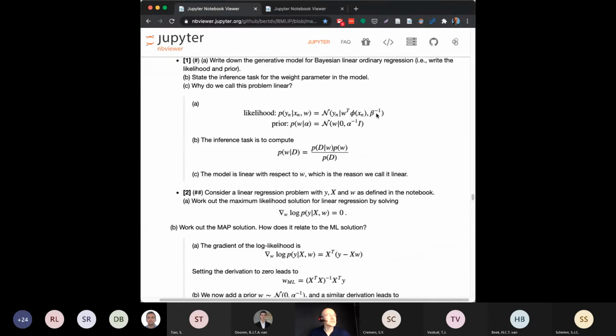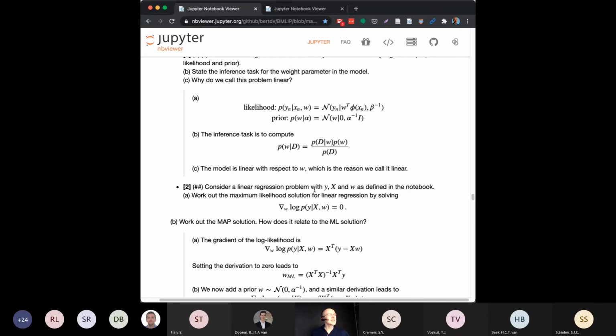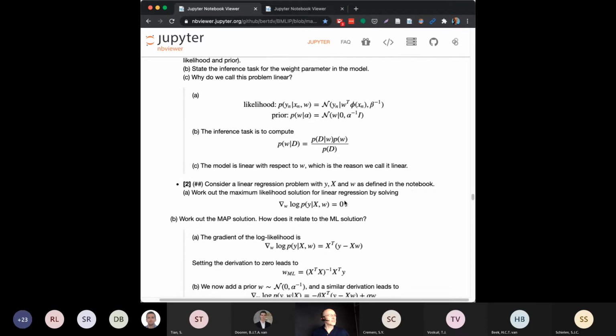Consider a linear regression problem with y, x, and w as defined in the notebook. Work out the maximum likelihood solution for linear regression by solving this. Is the noise term neglected here?